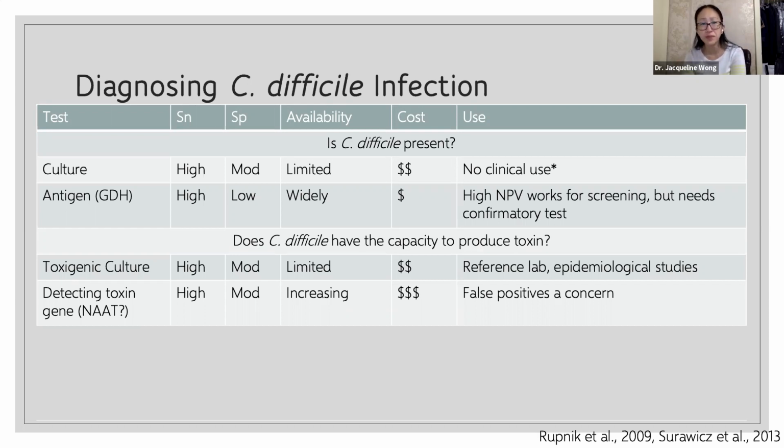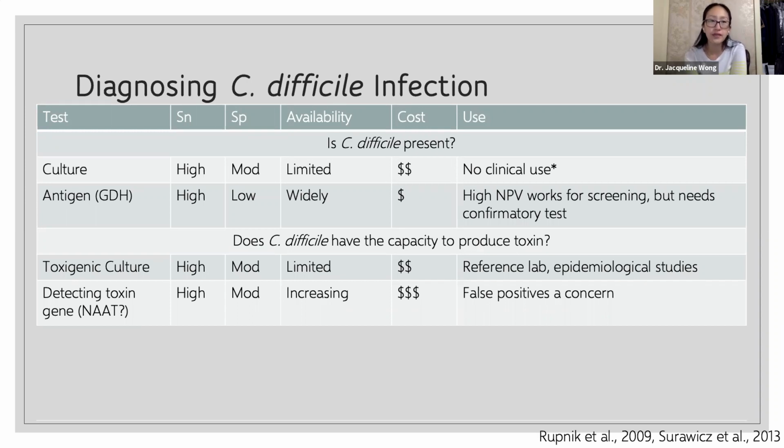So there is better specificity here. It maintains its high sensitivity, but the availability is limited because of the culture media as well as the neutralization assay media. And so these are often reserved for reference labs and epidemiological studies and less so for clinical use.